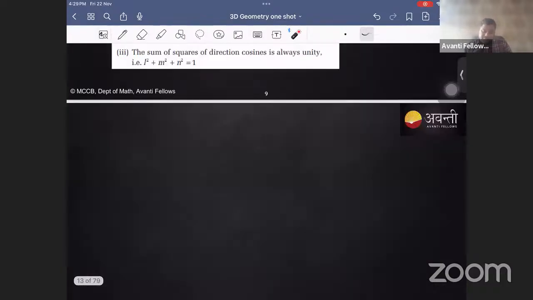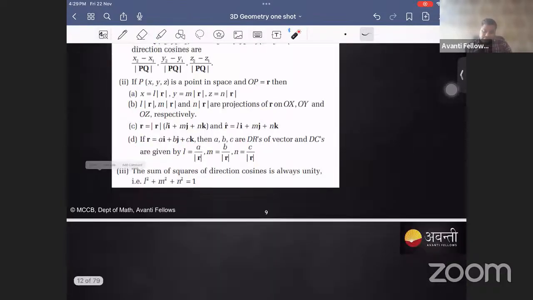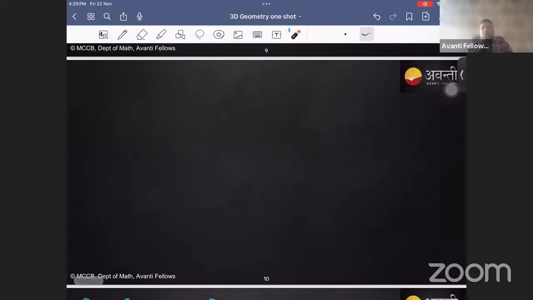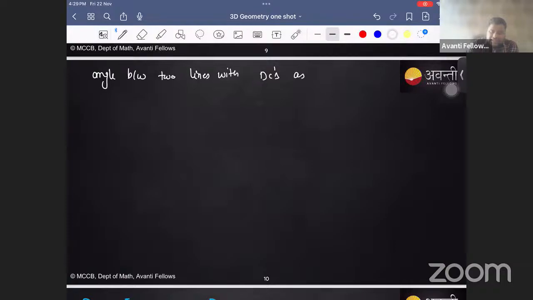Now, how do we find the angle between two vectors or lines? Angle between two lines with DCs as L1, M1, N1. DCs is direction cosine. And L2, M2, N2.